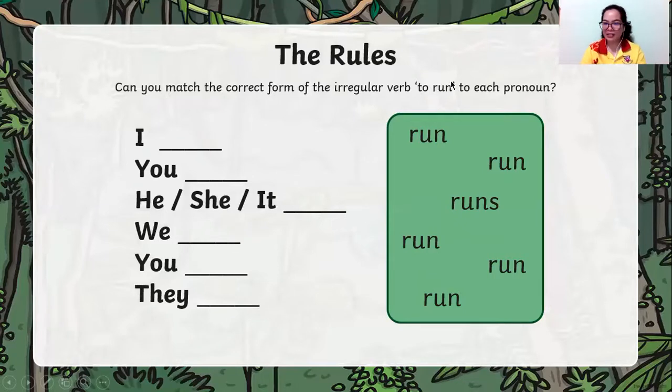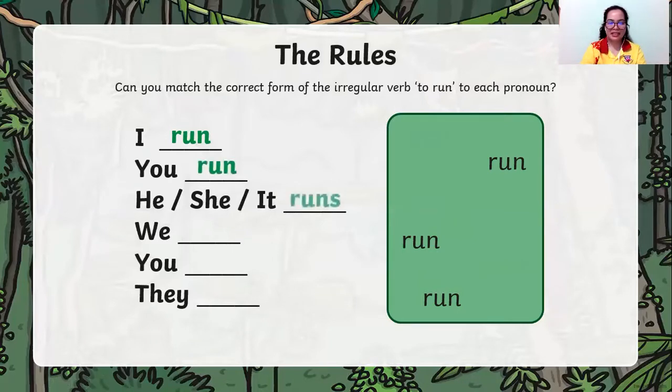Run, running. I run. You run. Just observe the words first. Next, he, she, it runs. We run.